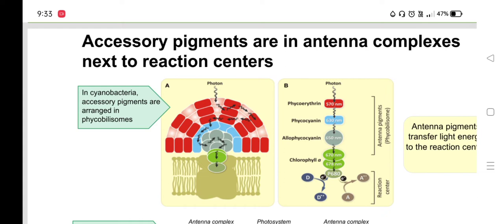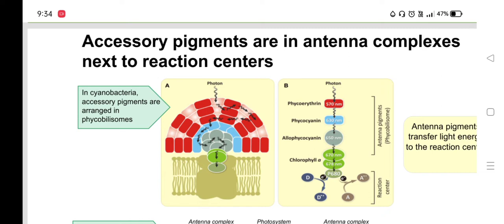If there is a high amount of energy and chlorophyll A directly absorbs it, then it may also get burned or affected by it. So it is not a convenient way for chlorophyll A to absorb the light first.